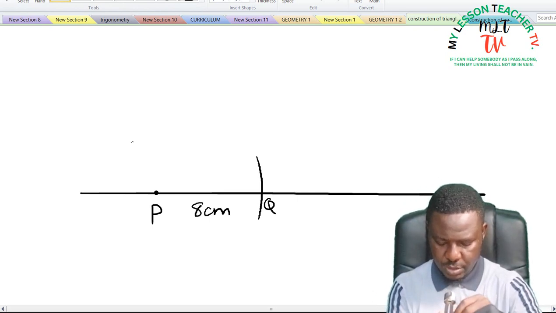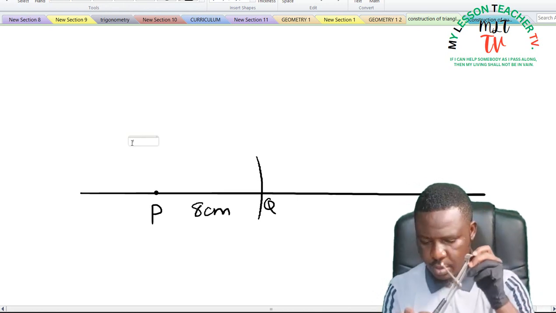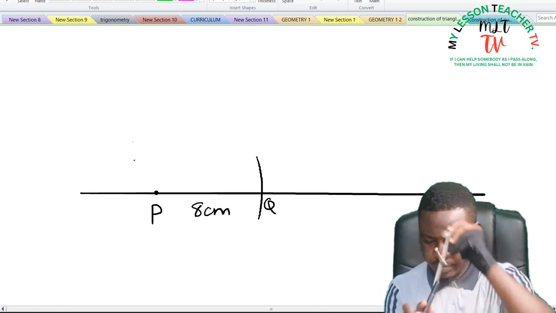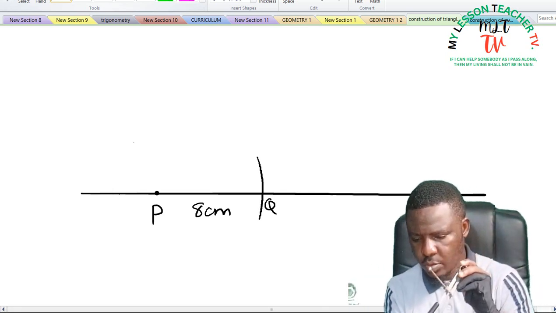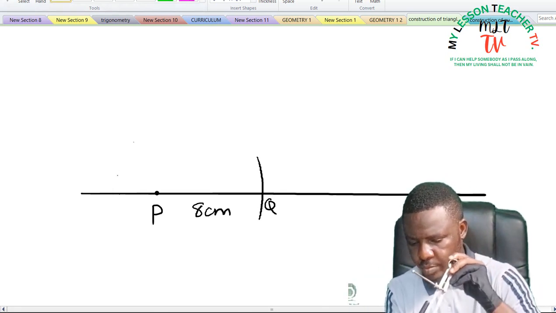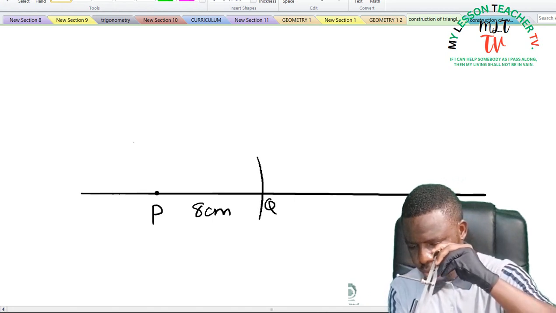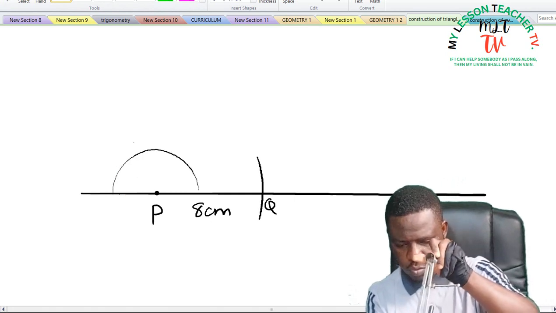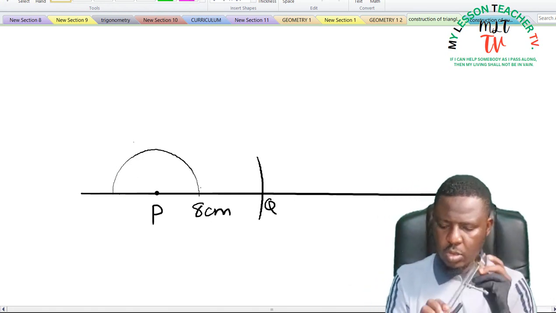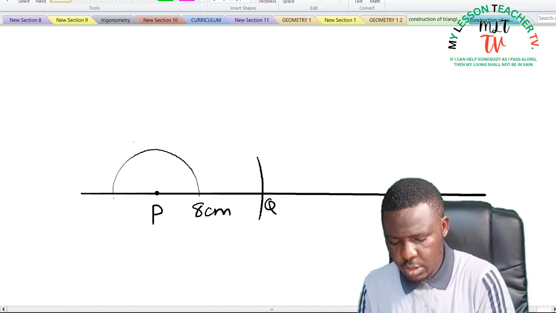It seems to be too big. Okay. With P as center, construct a semicircle. Call this AB.